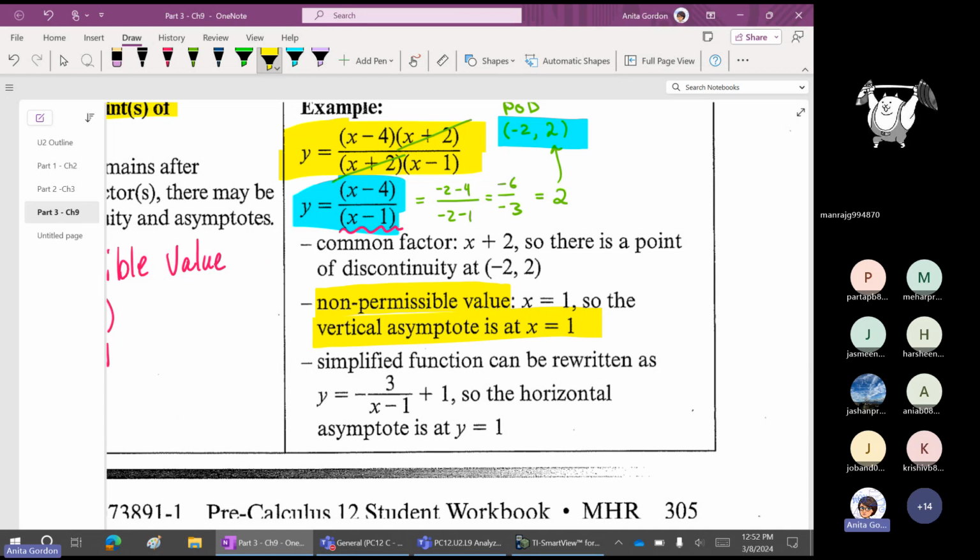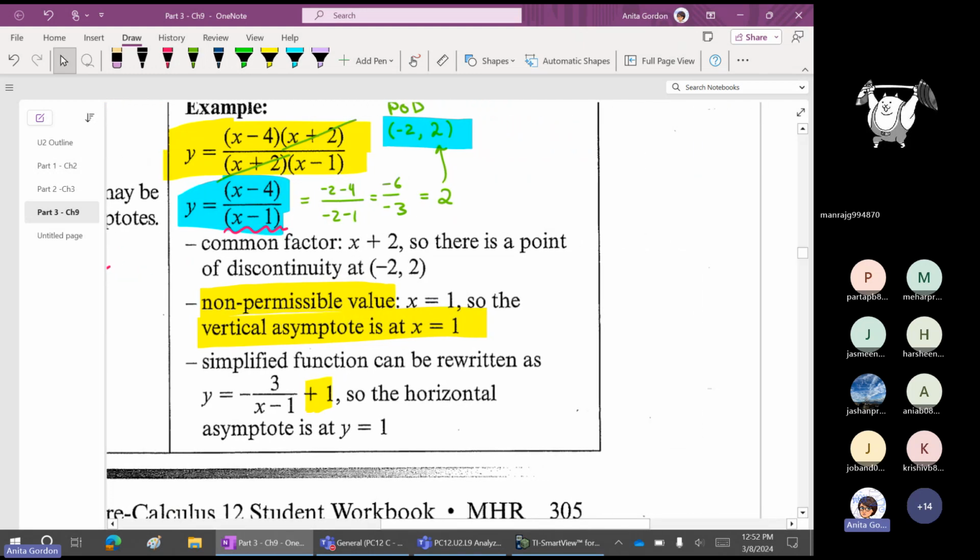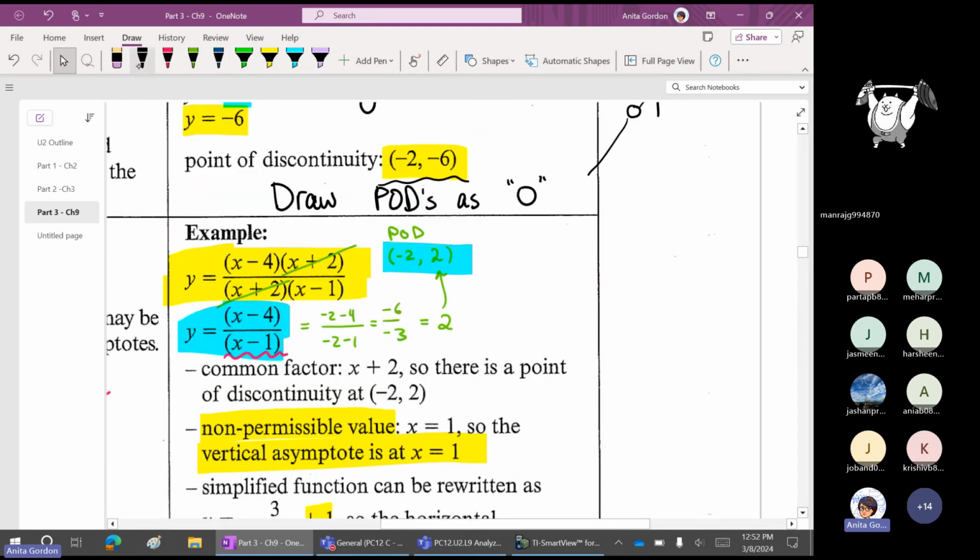And in the last bit, they tell you that you also have a horizontal asymptote at 1, but I want us to do this one together. Do the math behind it. So I'm going to take my simplified equation, y equals x minus 4 over x minus 1, split the numerator. I want my first term to cancel.